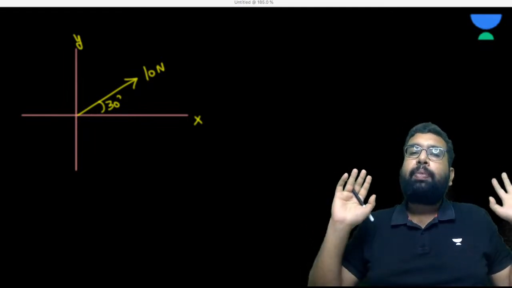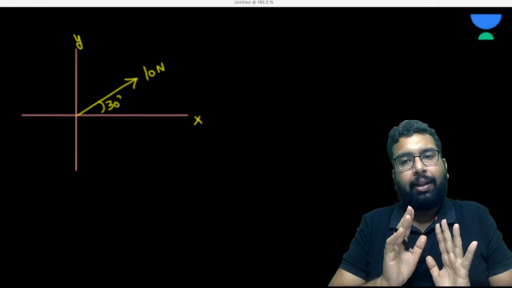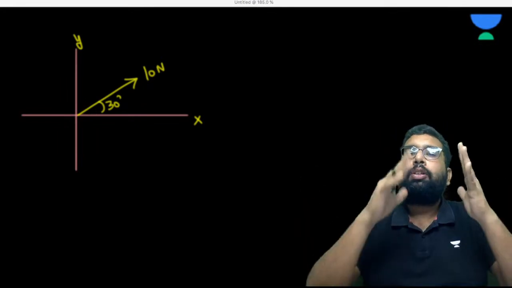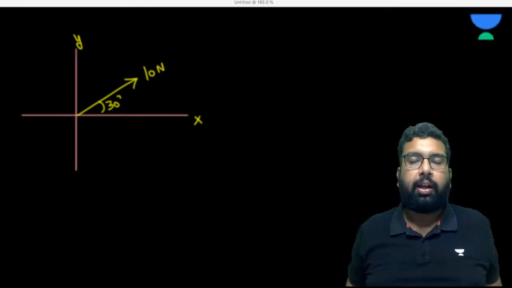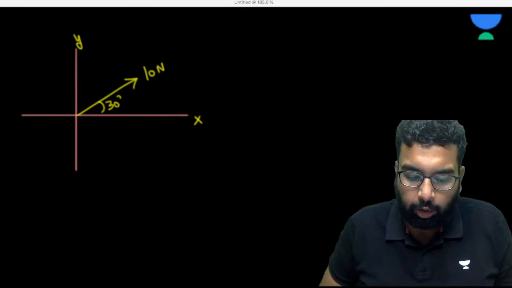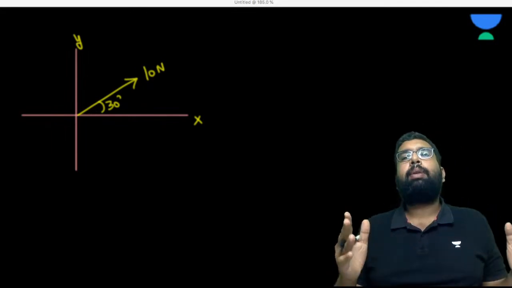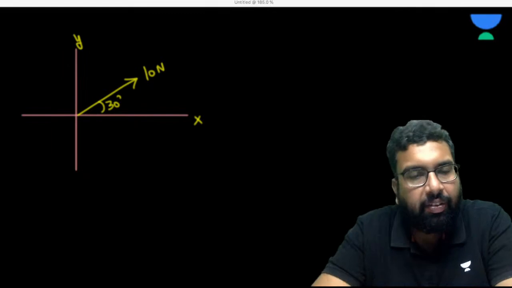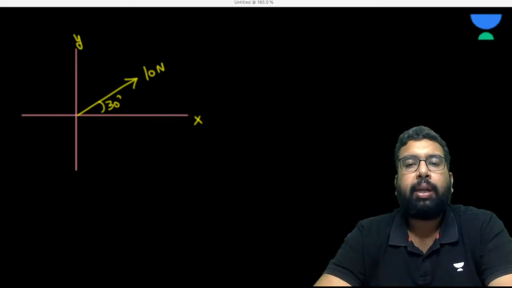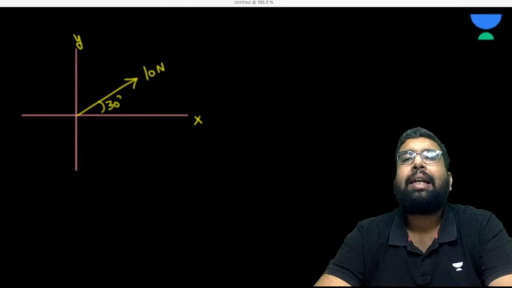Something can move in any direction, but that direction will depend upon the general x, y, and z directions. Here I'll be talking about x and y because we are talking about two dimensions. Any vector you make here depends upon x and y.